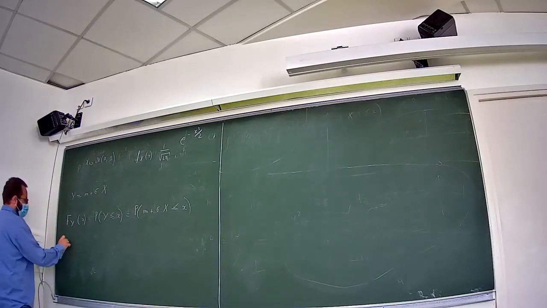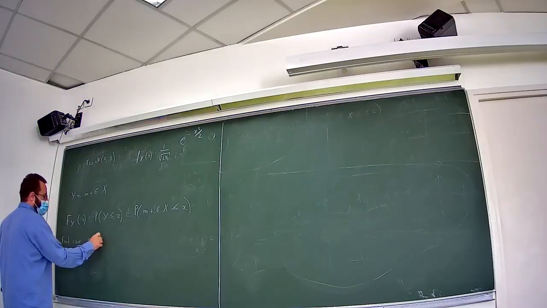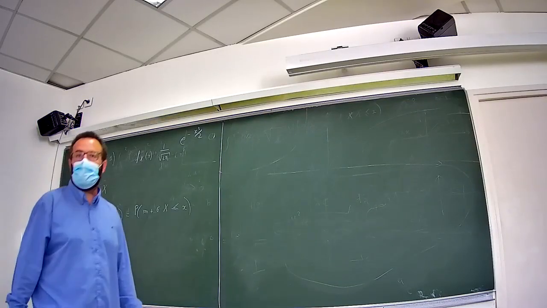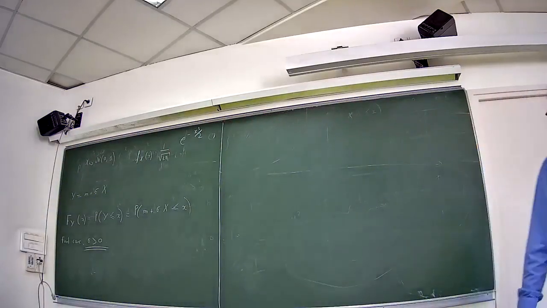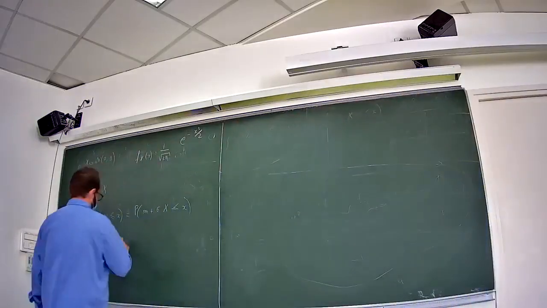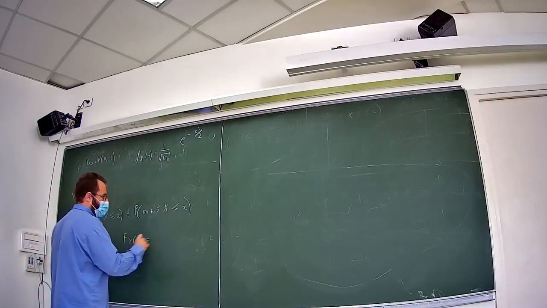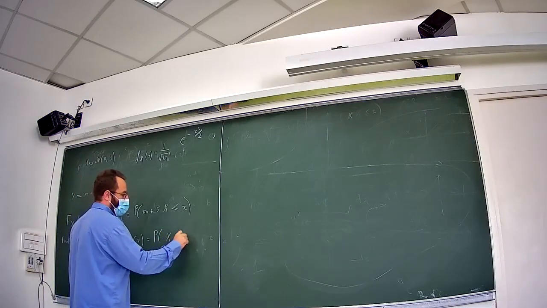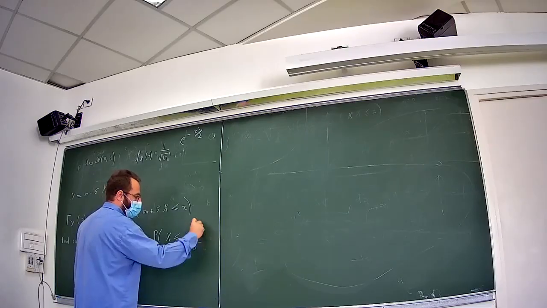So first case, and it's the only one that I will do, the case where sigma is strictly positive. At home, you will do the case sigma strictly negative. That is exactly the same thing. So if sigma is strictly positive, I can write the following. The distribution function of Y at the point x may be written as the probability that X is less than (x minus m) over sigma.